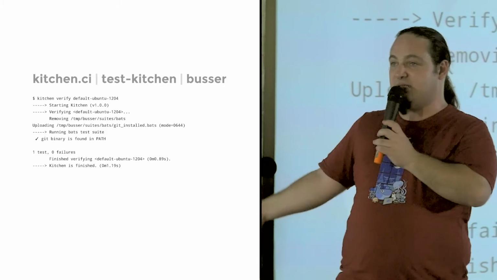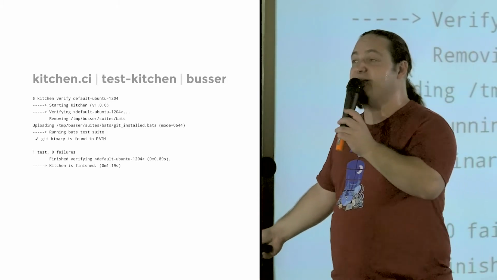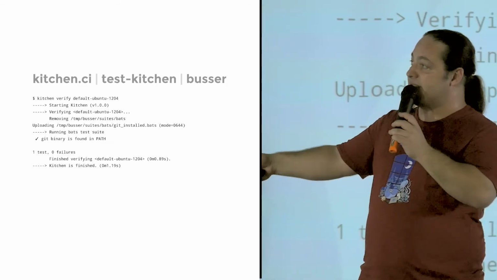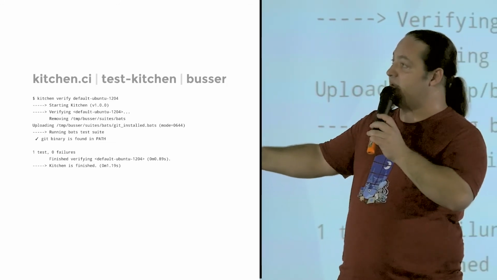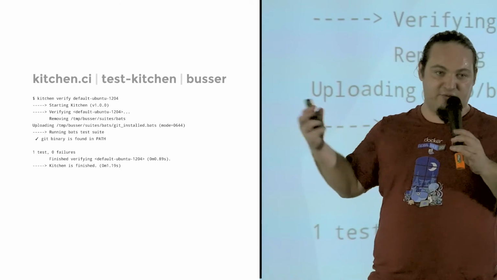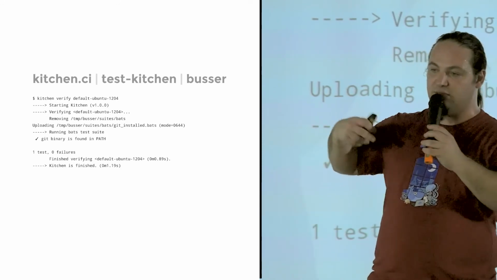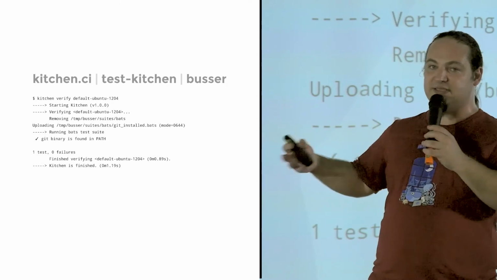A very nice thing that is not really coupled to Chef, you can use this with other tools as well, is Kitchen. Kitchen.ci is a website that integrates a lot of testing frameworks and runs them in a loop for the operating systems that you tell it to.